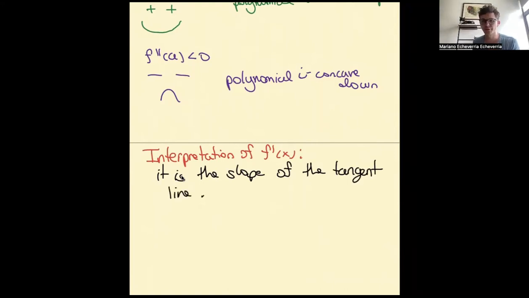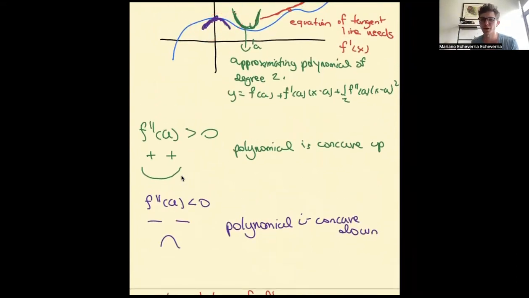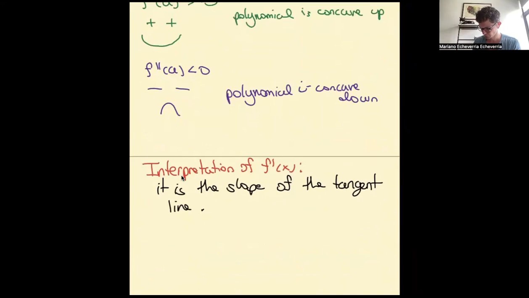And the interpretation of the second derivative is that it tells you the concavity of the function, meaning the way it's bending, in a sad way like here, or a happy way. So the second derivative has to do with how the curve bends. It has to do with the concavity.